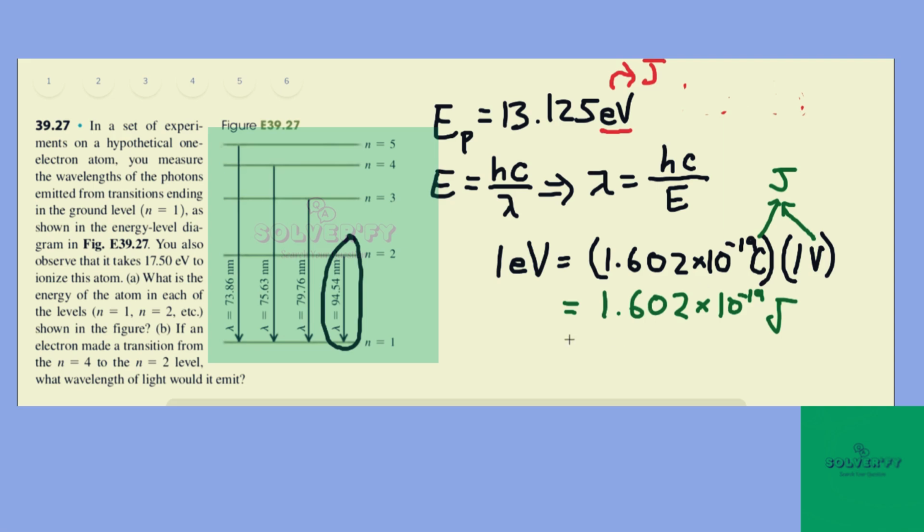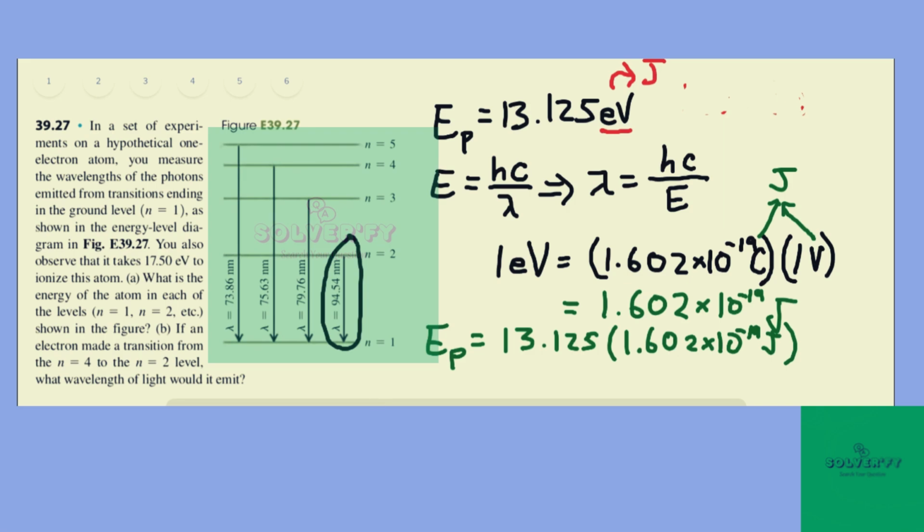So now we use this value of energy. E of the photon is equal to 13.125 times 1.602 times 10 to the negative 19 joules.